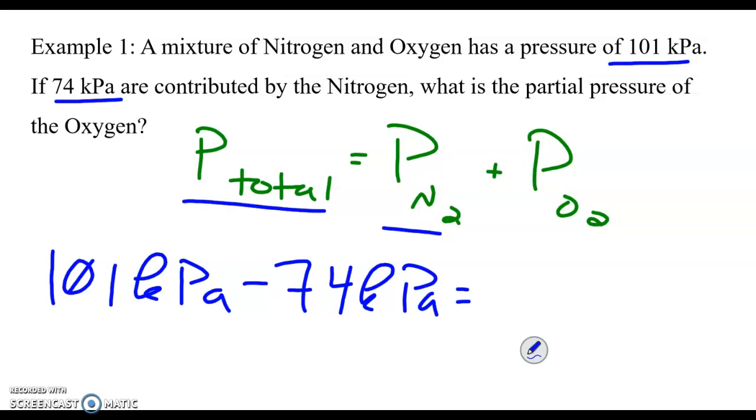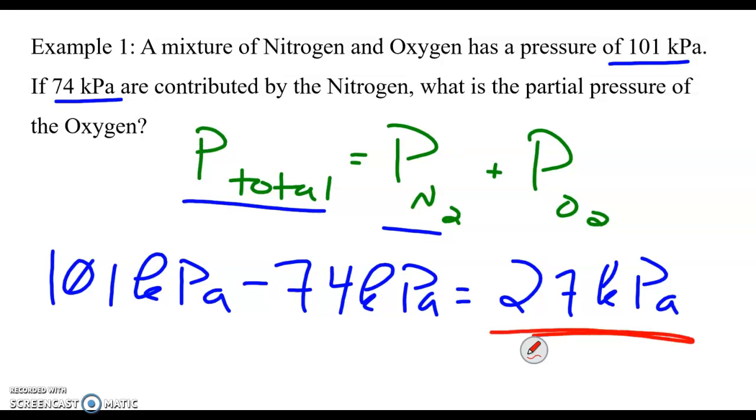And when I do that, my calculator says that I should have 27 kilopascals remaining that must have been contributed by the oxygen. I do want to check for decimal places since I'm adding and subtracting. I have no decimal places in 101, no decimal places in 74, so I'm ready to present no decimal places, 27, as my final answer.